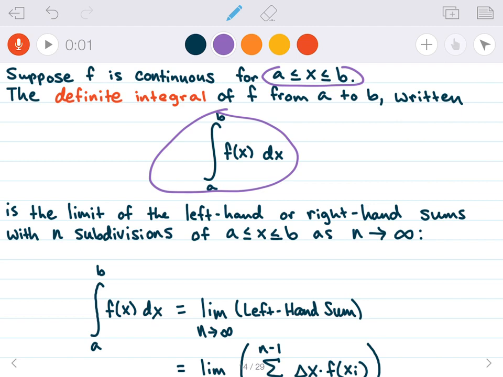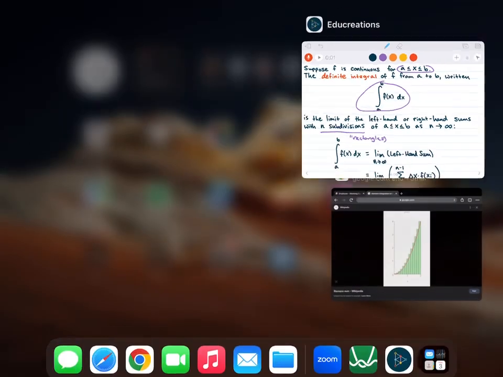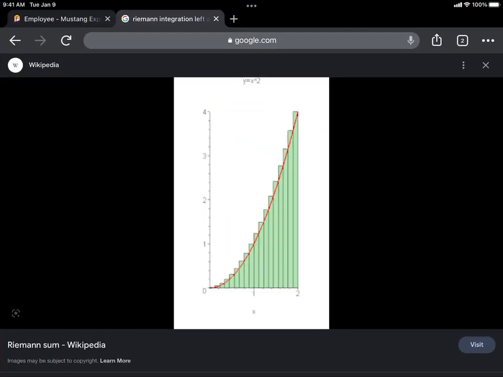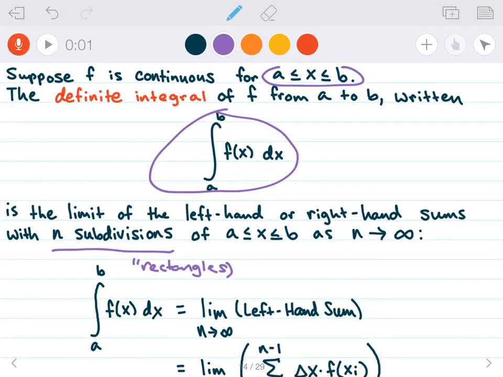So this means rectangles, subdivisions, with n rectangles as n goes to infinity. All right, let's go back to that picture. That is the definition of an integral. As the number of rectangles approaches infinity, this integral is going to tell us what the area under the curve is. The exact area, not an estimate.